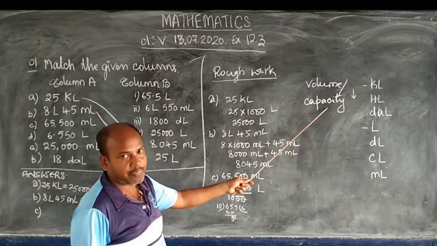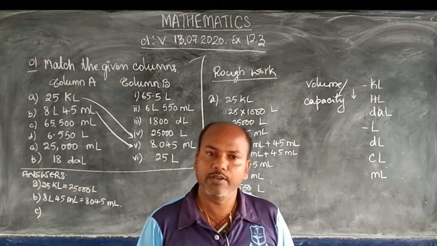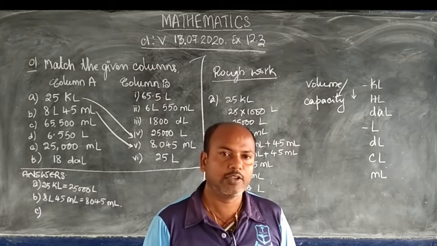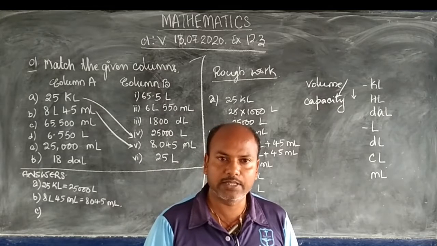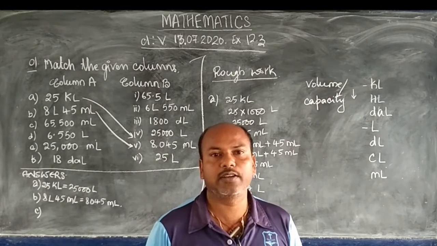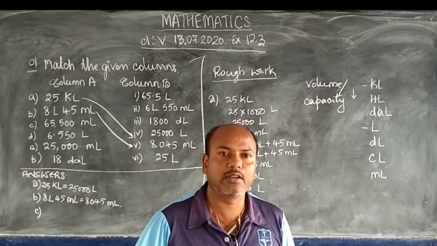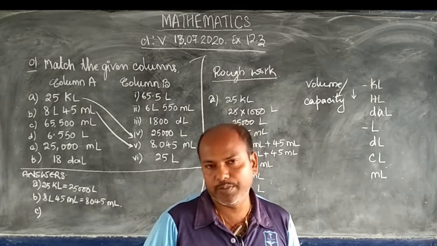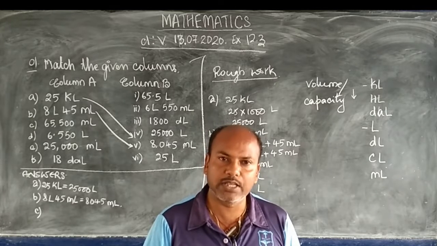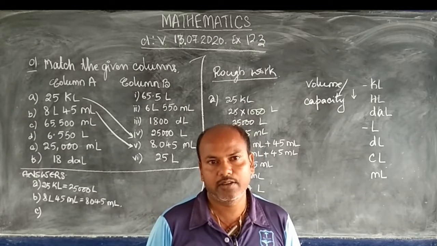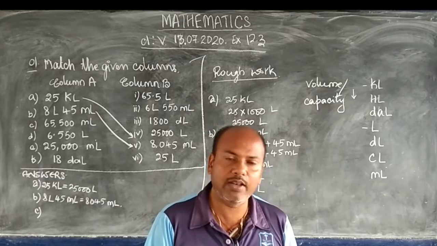and capacity. Volume means every morning when you collect the milk, you may be collecting 1 liter, 2 liter. You must have seen your parents, or whenever you visit the petrol pump, people filling the tank of their car, 10 liter, 15 liter, or 2 liter oil you bring, or 5 liter kerosene you bring, or when you take the medicines, especially the syrups, you must be taking 5 ml in the morning or 10 ml.